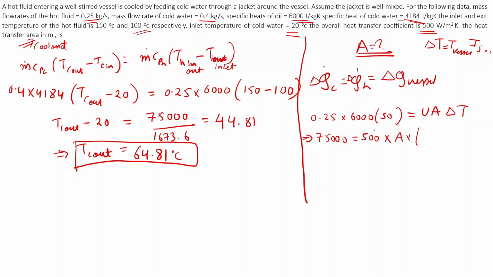It will be 100 degrees Celsius minus the temperature of jacket outlet, which will be 64.81. Okay, so we can solve this. This area is equal to 75,000 upon 500 times 100 minus 64.81. So it will give the area as 4.26 meters square.